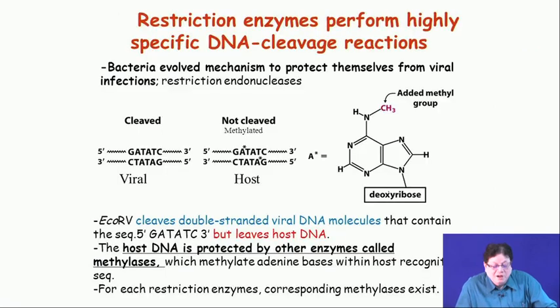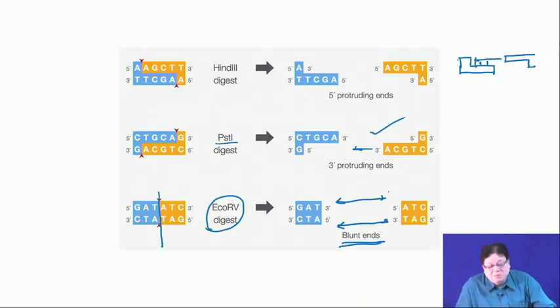Many restriction enzymes have been isolated, and they are present in bacteria. It is believed that bacteria evolved these restriction enzymes to protect themselves from viral infection.